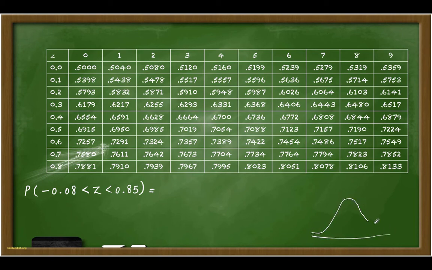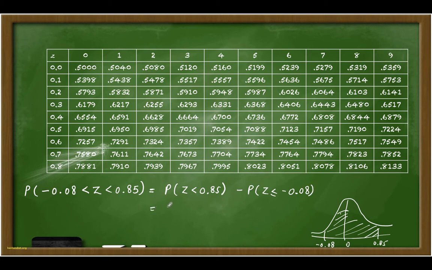If we visualize the situation, mean is 0 in the center, and we have to find the probability that z is between negative 0.08 and positive 0.85, and we have to find this probability. So we can simply find the probability that z is less than 0.85, minus the probability that z is less than or equal to negative 0.08, as per the property we learned earlier.